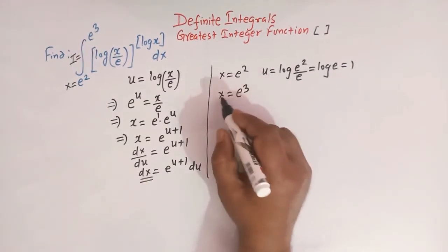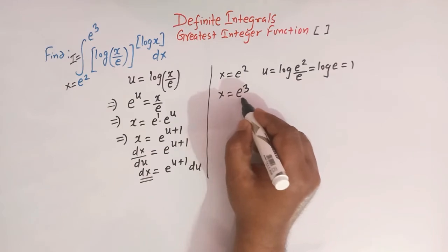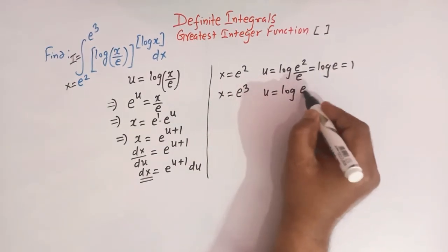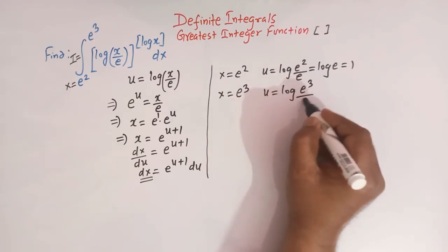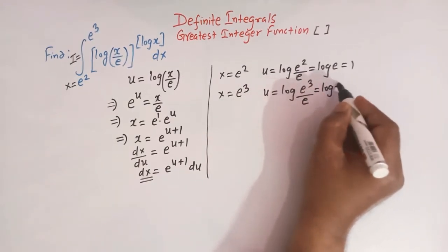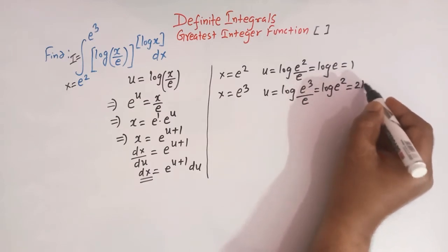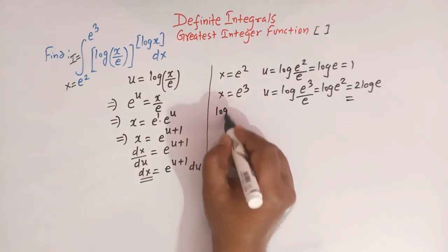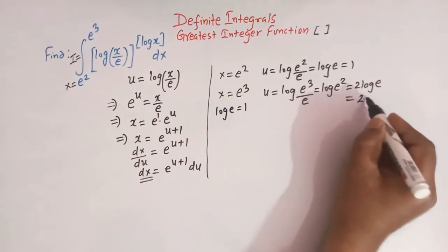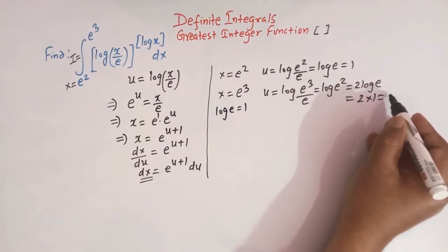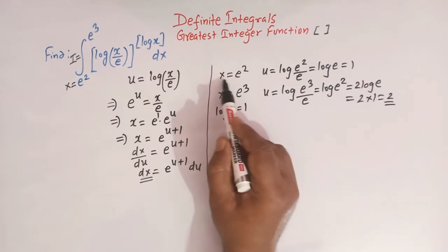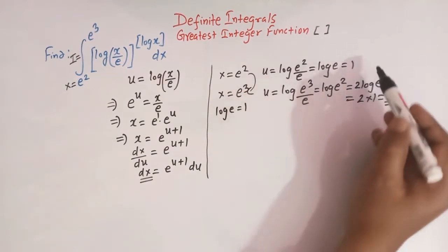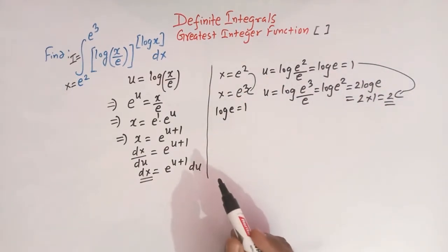When x is equal to e cube, u is equal to log of e cube over e, that is log of e square, which is 2 log e, and log e is equal to 1, so we have 2. So when x varies from e square to e cube, u varies from 1 to 2.